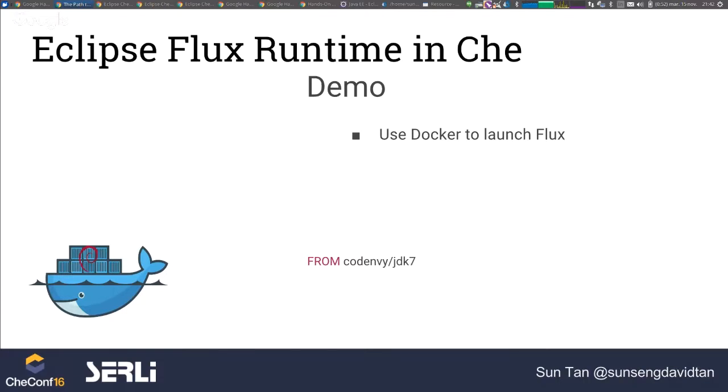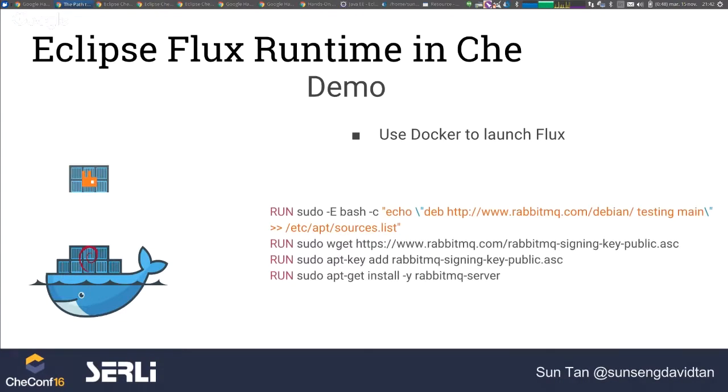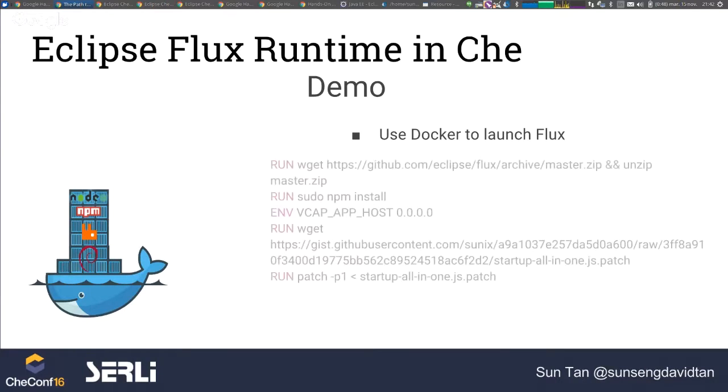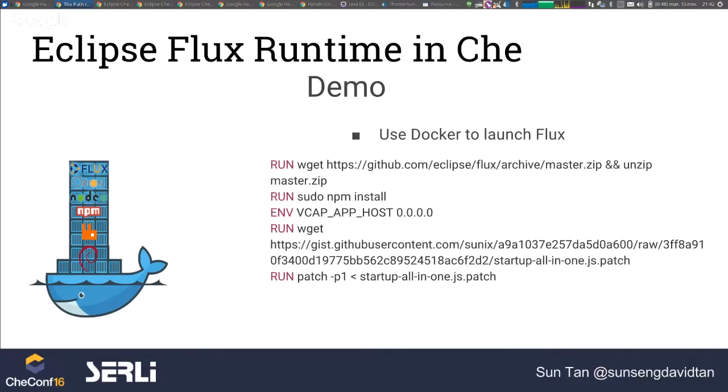This Docker instance looks like this. We start from a Debian image. We install RabbitMQ, we install Node.js and npm, and then we install Flux with npm, and that's all.